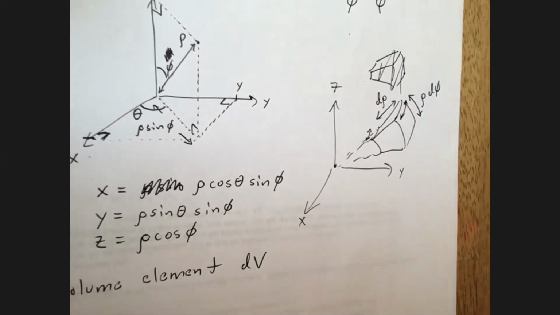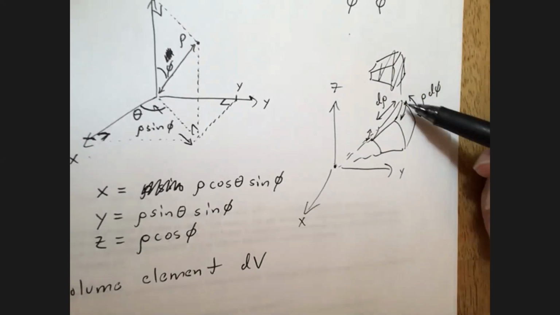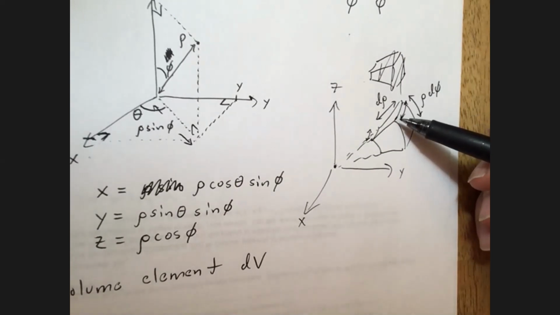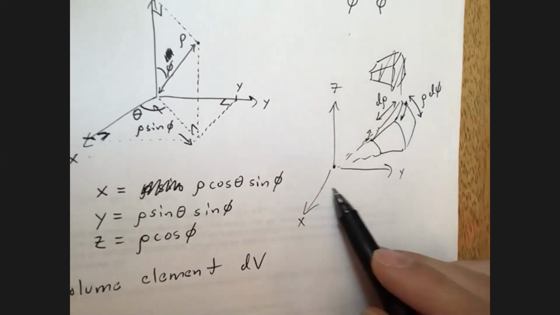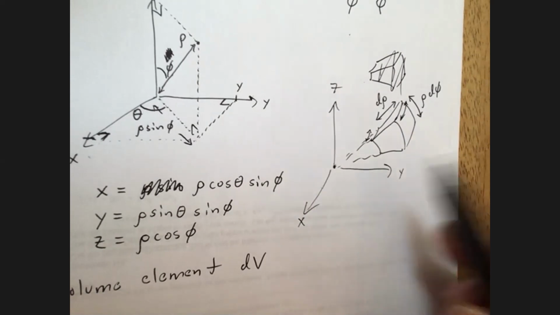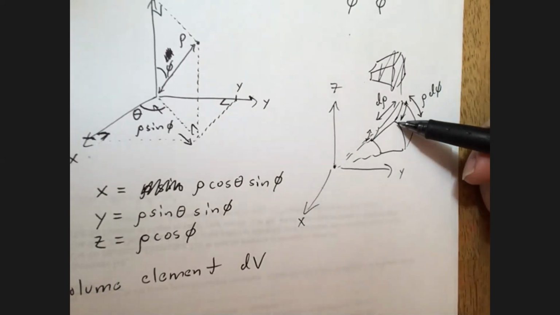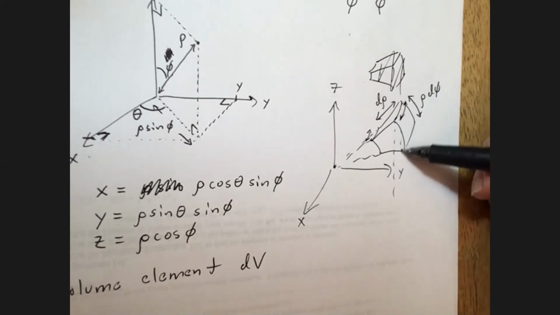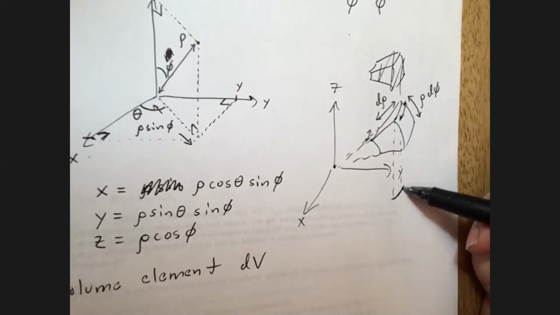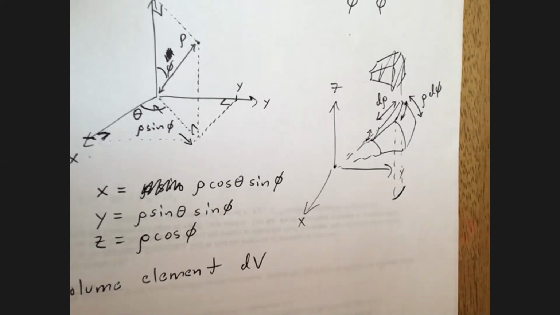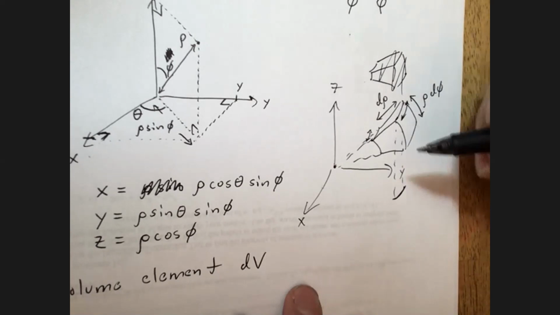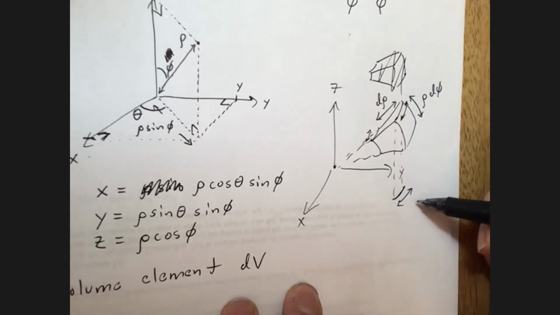We're going to multiply all those together to get our volume element. The thing is, this is not just rho d theta, because d theta lives down in the xy plane. Rho d theta is actually what I get when I drop this down and look at the corresponding arc down here. So this arc down here is rho d theta.